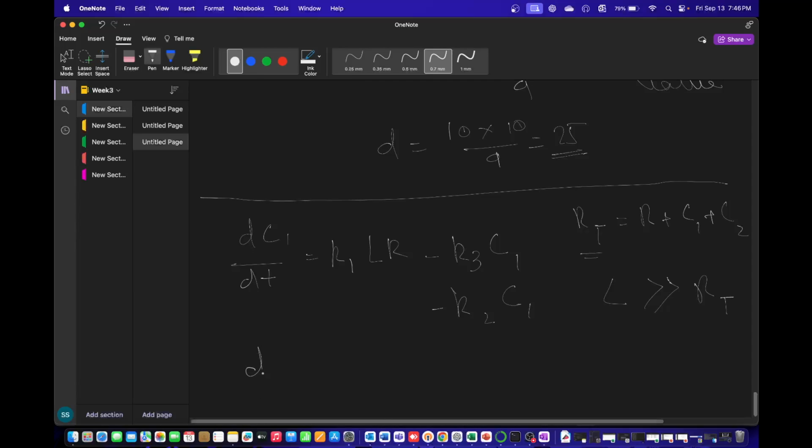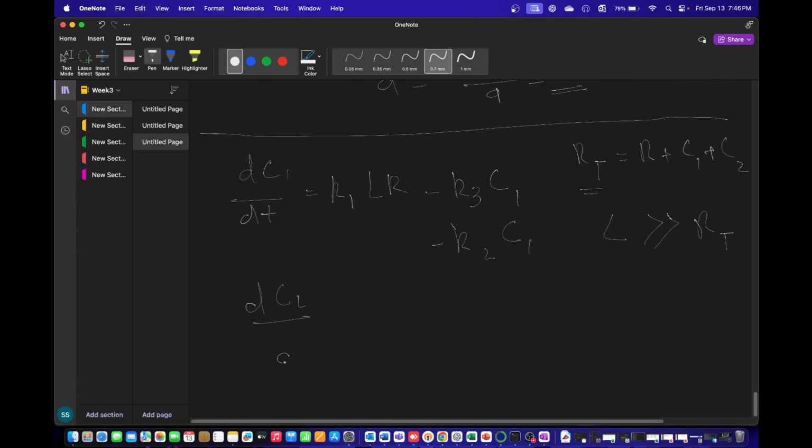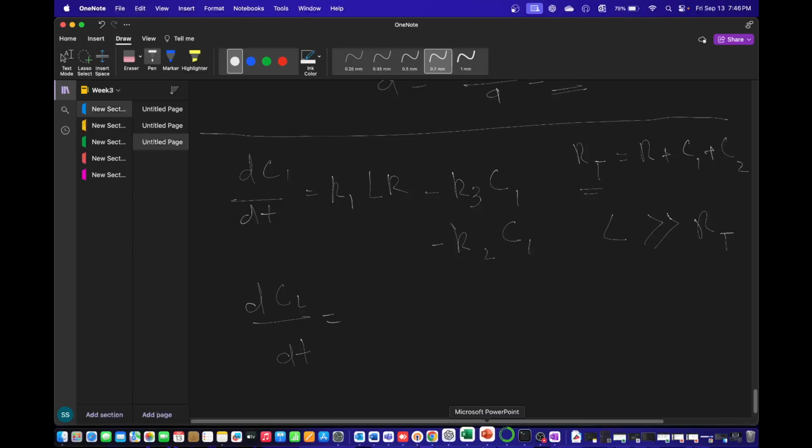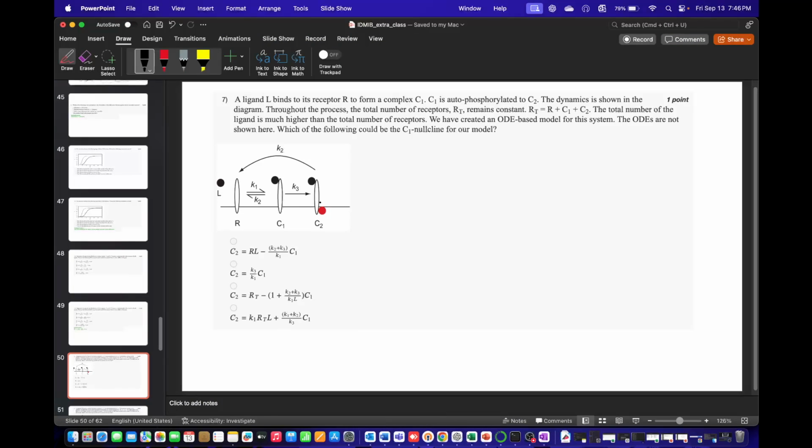Now for dC2/dt, let's try to do the same. C2 is getting formed from C1 with K3, and C2 is getting used up to form R with the rate K2.